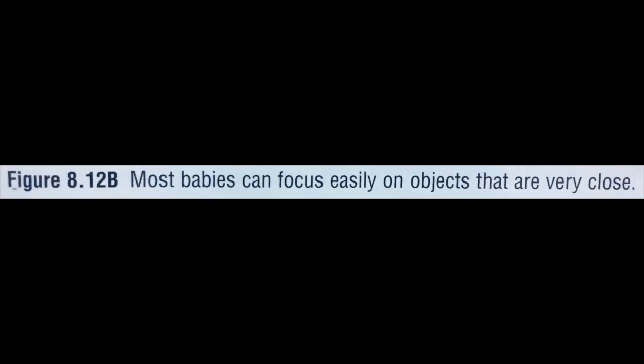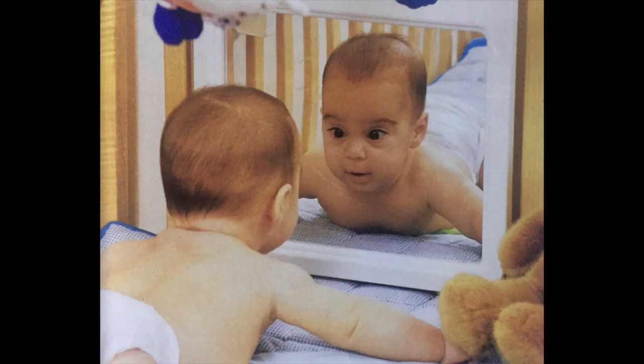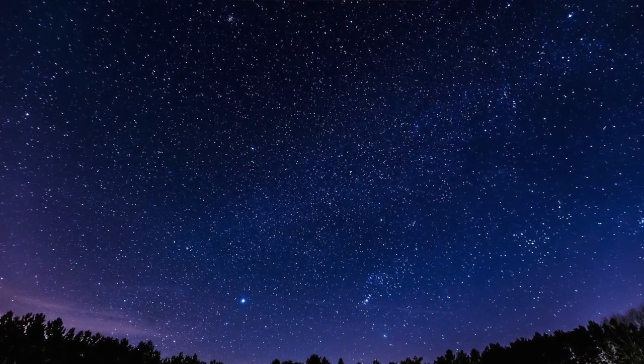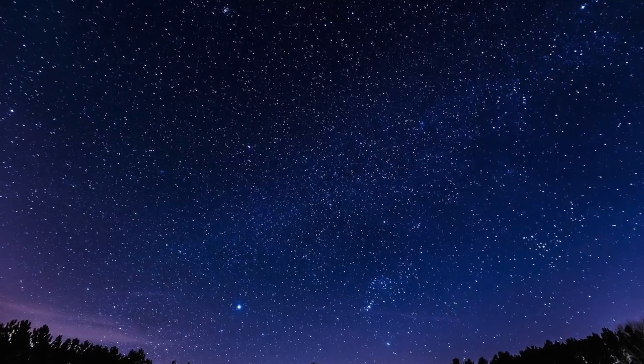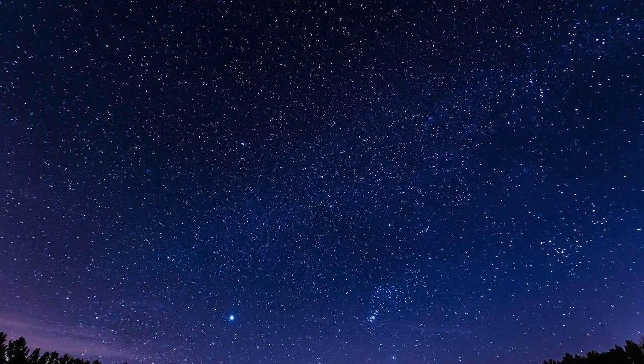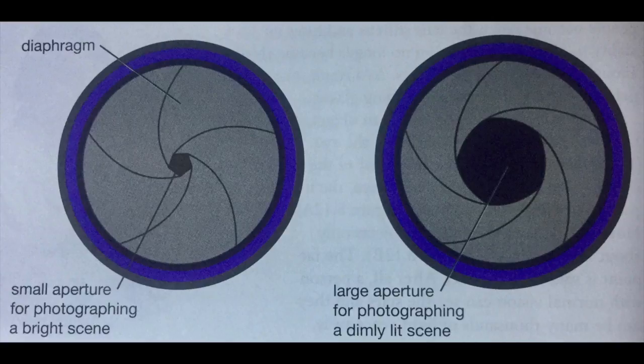See figure 8.12b. The far point is said to be infinity. After all, a person with normal vision can see the stars, and they can be many thousands of light years away.